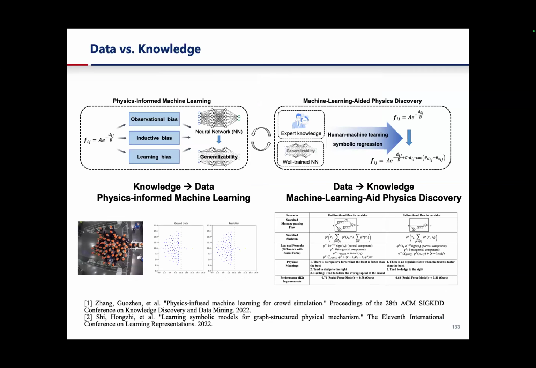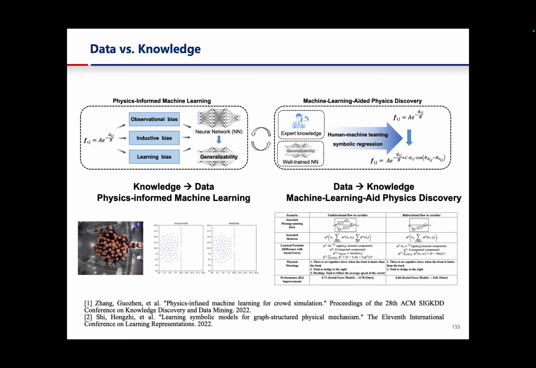Moreover, we think that we can integrate these two things together. With PI, physics-informed machine learning techniques, we can integrate the knowledge into the data-driven model, and then this kind of model is better at handling limited data problems.